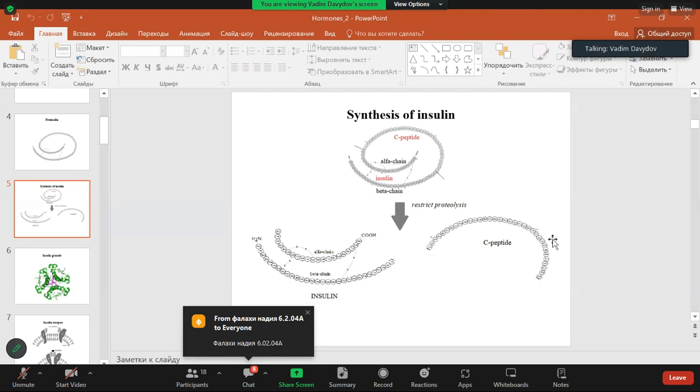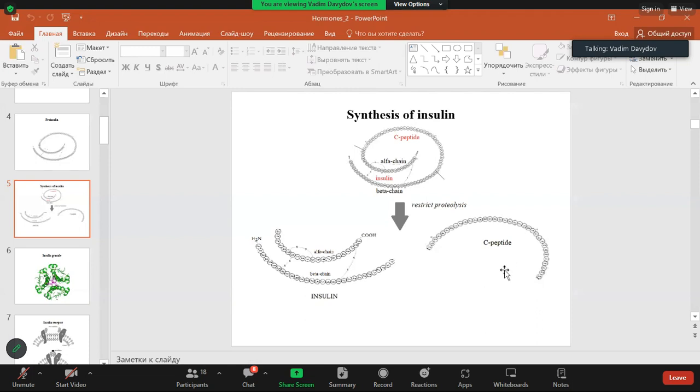C-peptide is not a biologically active substance. It does not possess any property of hormones. It's a side product of the synthesis of insulin.